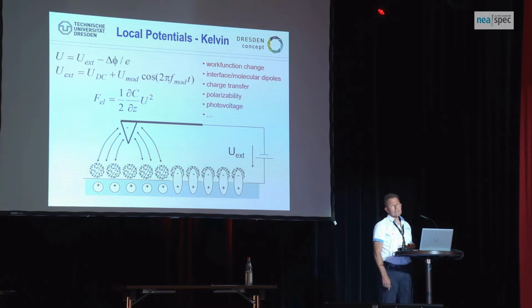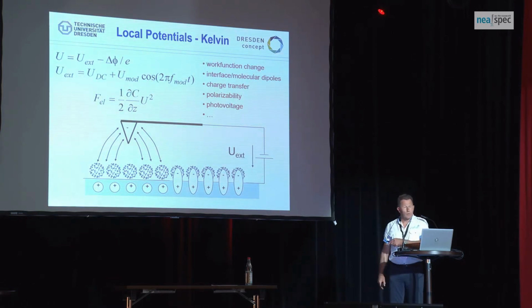And if you go for metals, for instance, silver and gold, typically the difference is 1 electron volt. If you go for different materials like hBN, actually we get even larger values. Or in other words, we have an extra potential U applied between that cantilever and our substrate.